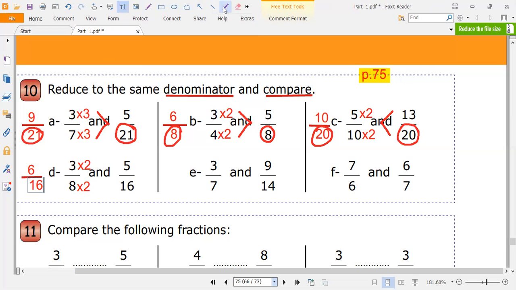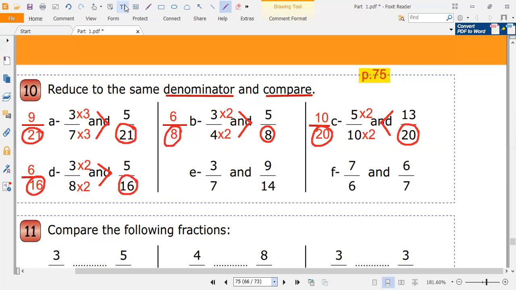Now we get two fractions with the same denominator. So we have to compare the numerators, 6 and 5. 6 is greater than 5, so 6/16 is greater than 5/16.